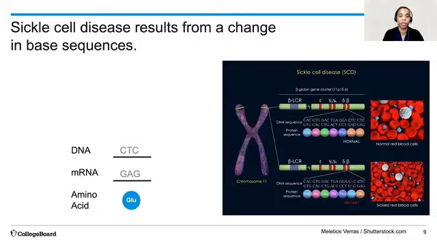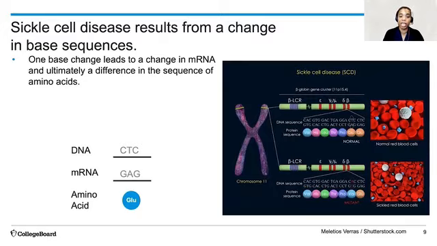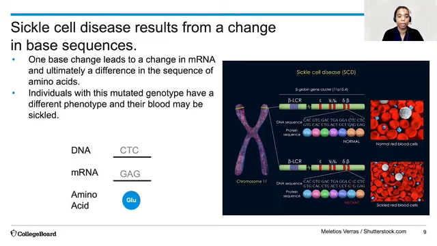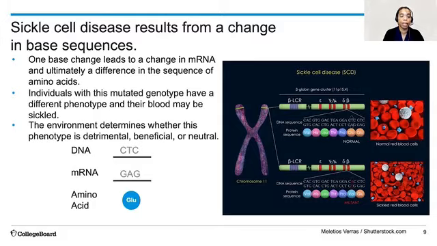Sickle cell disease results from a change in base sequences. One base change leads to a change in the messenger RNA and ultimately a difference in the sequence of amino acids. Individuals with this mutated genotype have a different phenotype and their blood may be sickled. The environment, though, is what determines whether this phenotype is going to be detrimental, beneficial, or neutral.